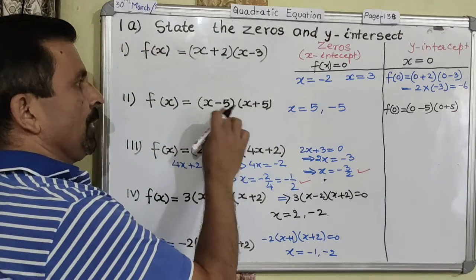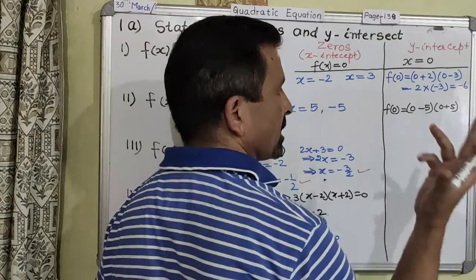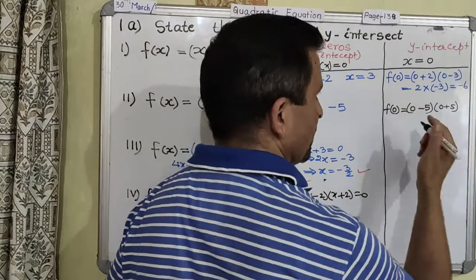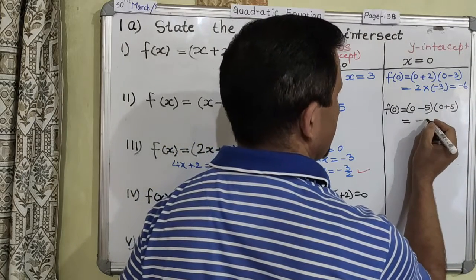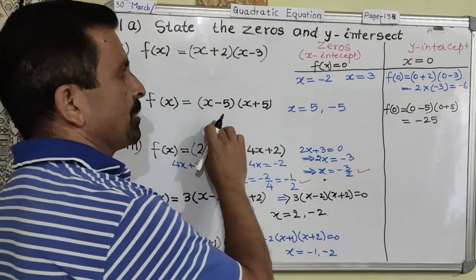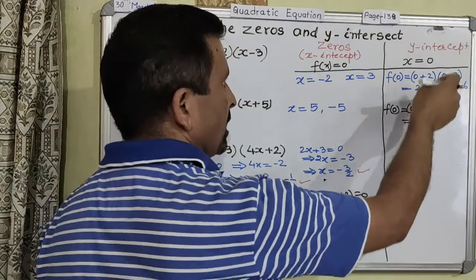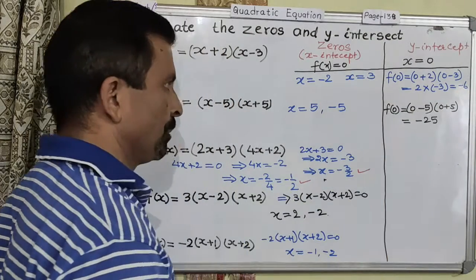Clear? 0 minus 5 is minus 5, and 0 plus 5 is plus 5. Therefore the answer of these two is negative 25. So for this equation, the y-intercept is the pair of numbers 0 and minus 25.